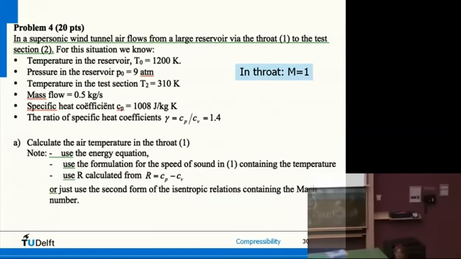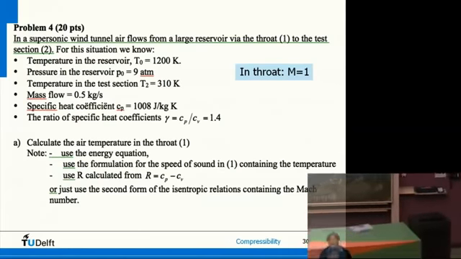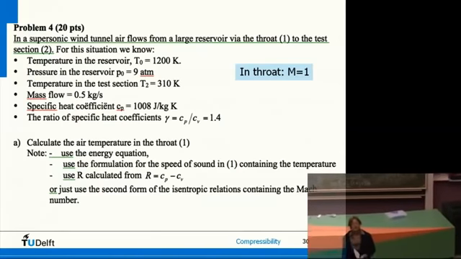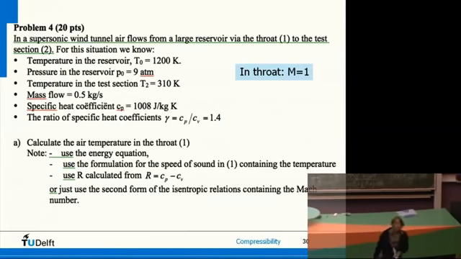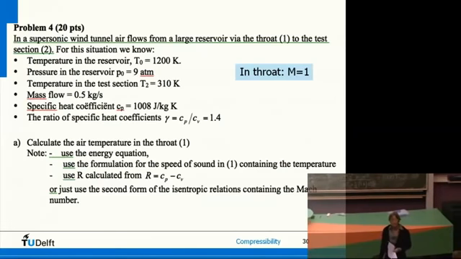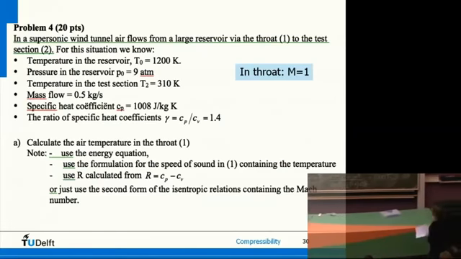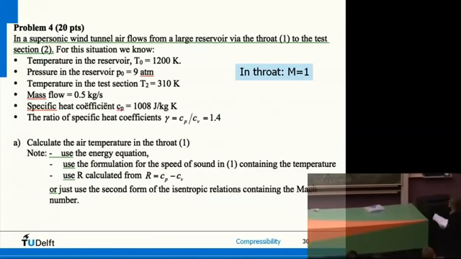So look what compressible flows can do, right? We started with a temperature in the reservoir of 1200 Kelvin, we have 1000 Kelvin in the throat, and we have 310 Kelvin at the exit.